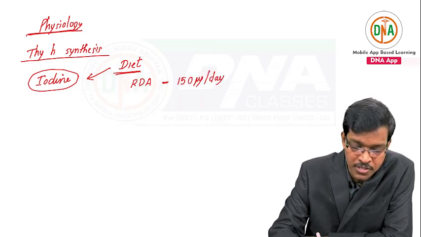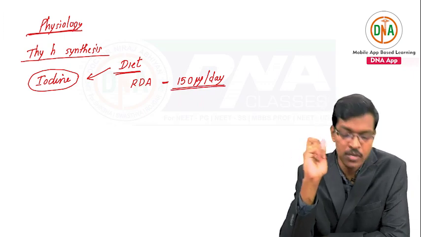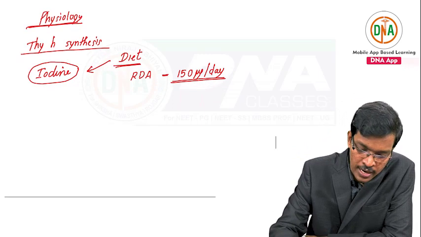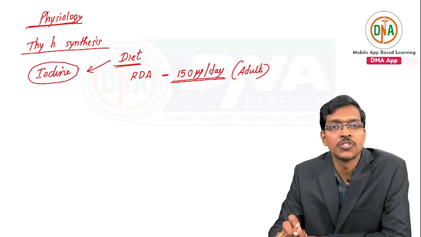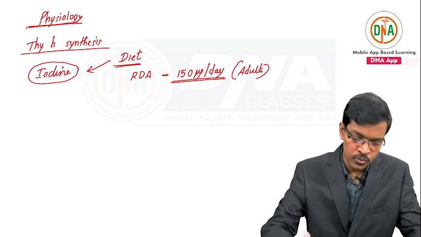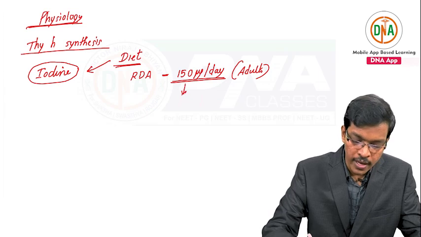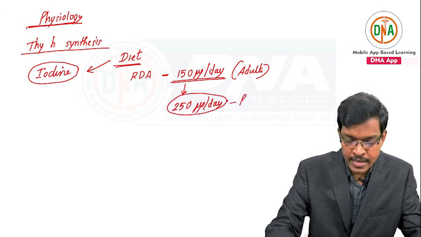The WHO recommended daily allowance of iodine is 150 microgram per day, for adults. But during pregnancy and lactation, because the fetus and the child also need iodine, the requirement increases to around 250 microgram per day.